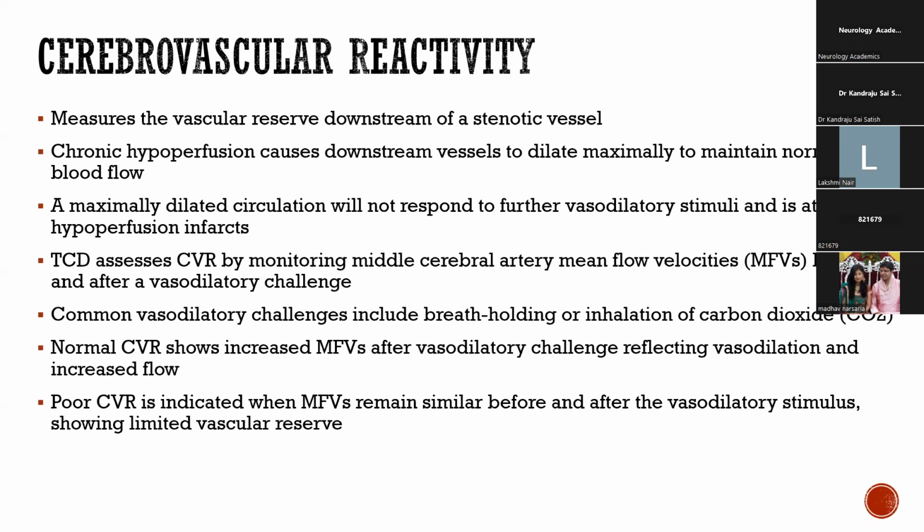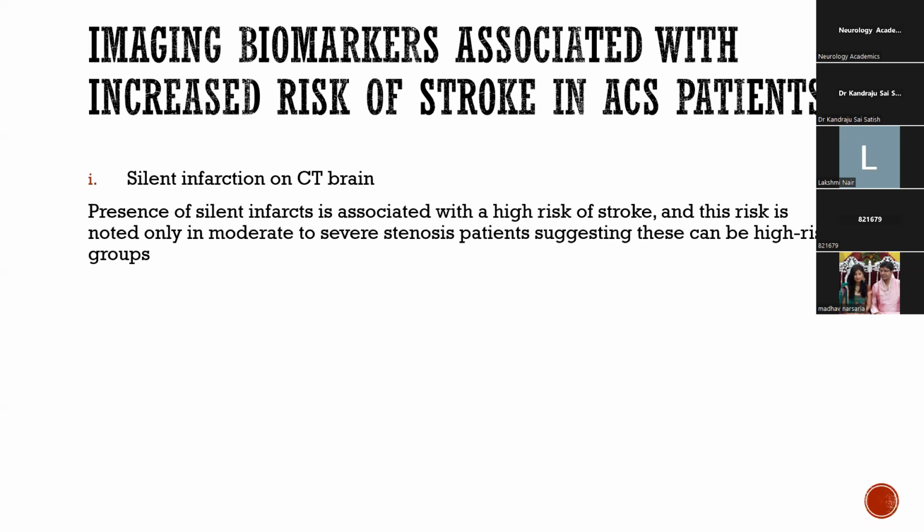The common vasodilatory challenges include either breath holding or inhalation of carbon dioxide. The normal CVR shows increased mean flow velocities after vasodilatory challenge, reflecting vasodilatation and increased flow. And the poor CVR is indicated when the MFV remains similar before and after the vasodilatory stimulus.